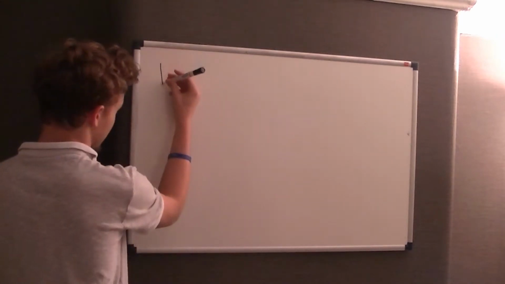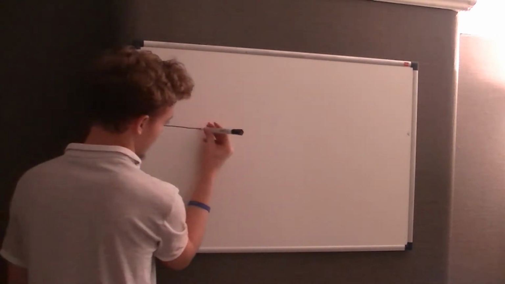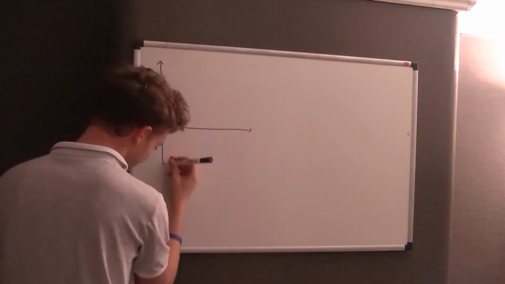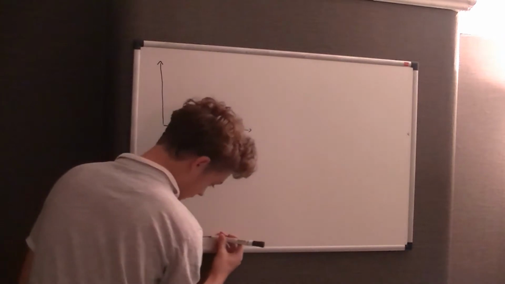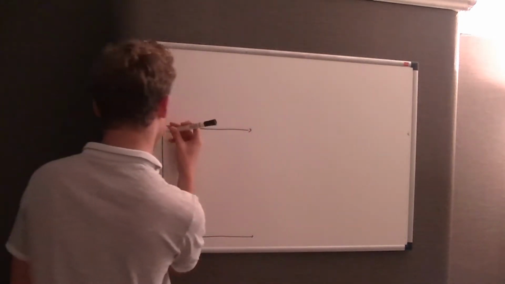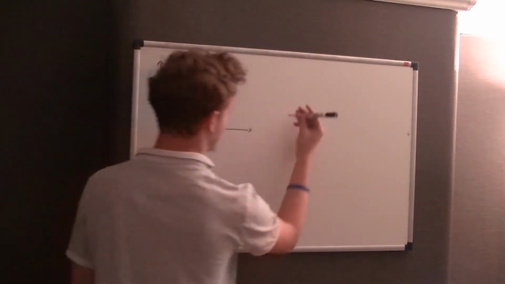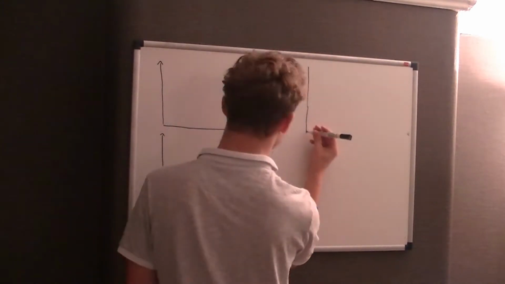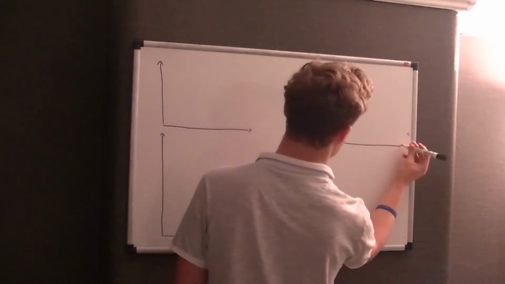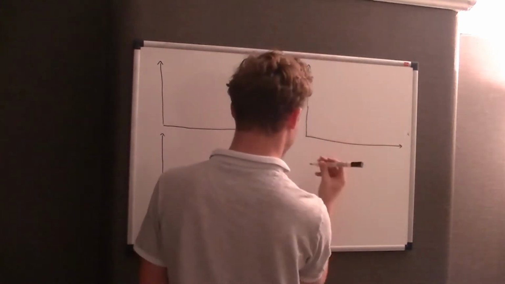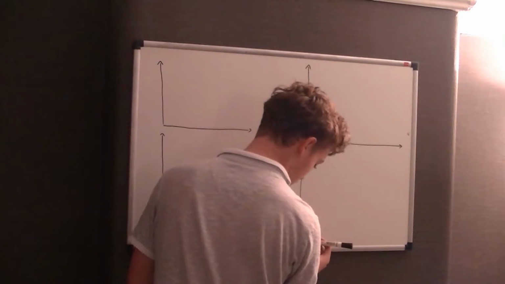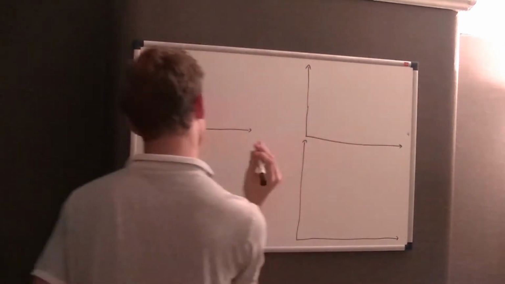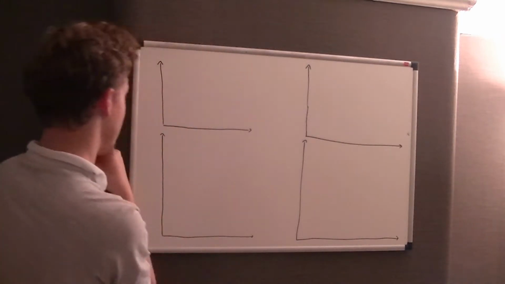So I'm going to draw 4 axes on the board here, and I'll explain why I'm drawing 4 in a minute. Obviously these all have price and quantity demanded and supplied on each axis. Right, okay, so there are 4 axes there.